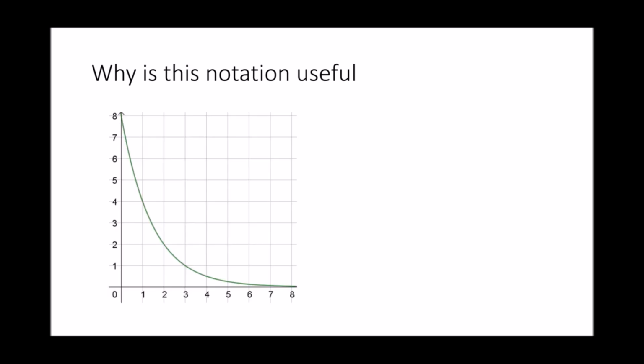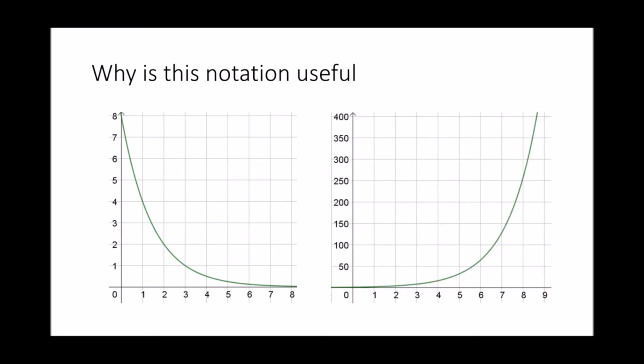One we've already seen, it may look like this, where in this case the growth factor is a half. On the other hand, if my growth factor is, for instance, 2, so it increases all the time, it may look like this. It goes up very quickly. And if my growth factor is even larger, it's going to go up even faster.